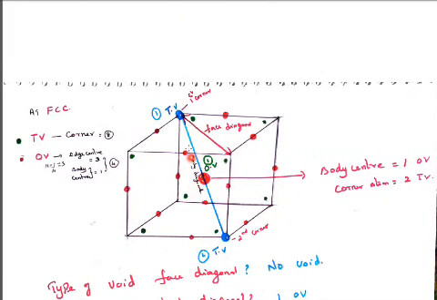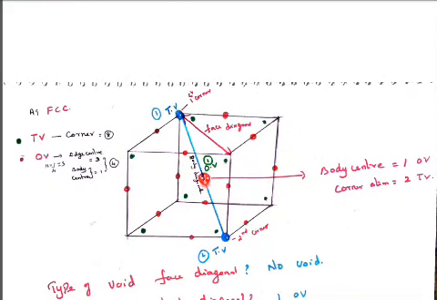Now next we should take this corner to this corner, that is called the body diagonal. The body diagonal has one octahedral void at the center, and this corner has one tetrahedral void, and the second corner atom has a tetrahedral void.